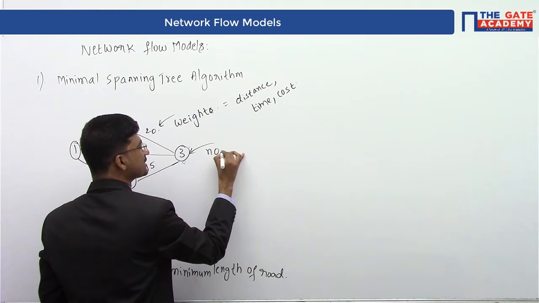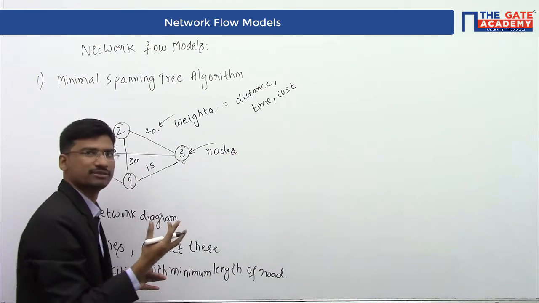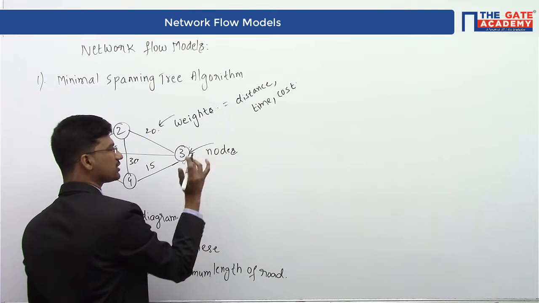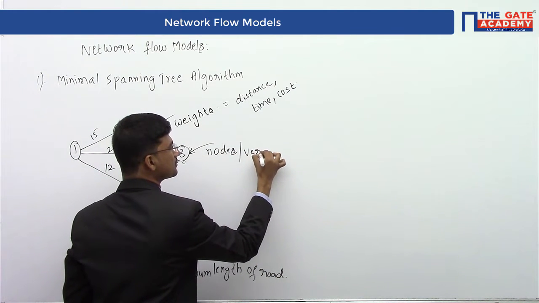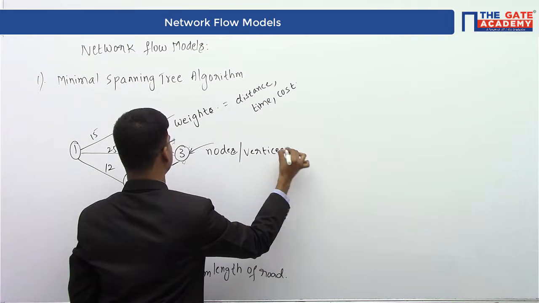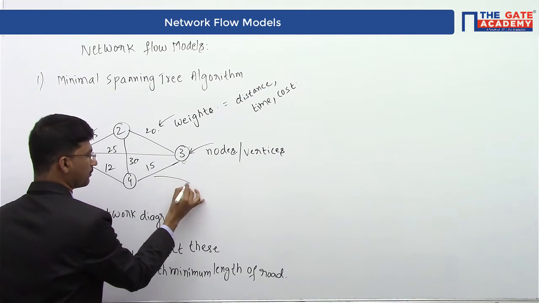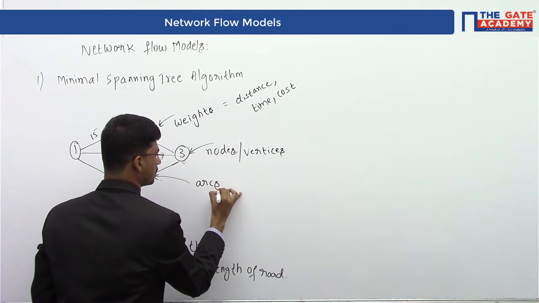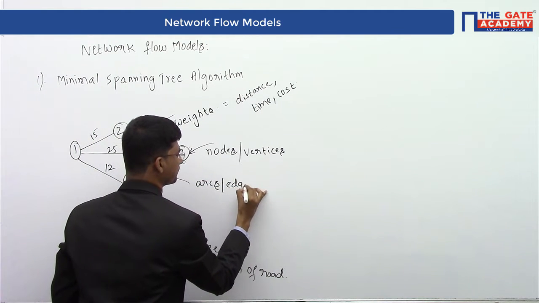Now this we call nodes. It is similar terminology when compared to CPM and PERT. These we call nodes or vertices. These we call arcs or edges.